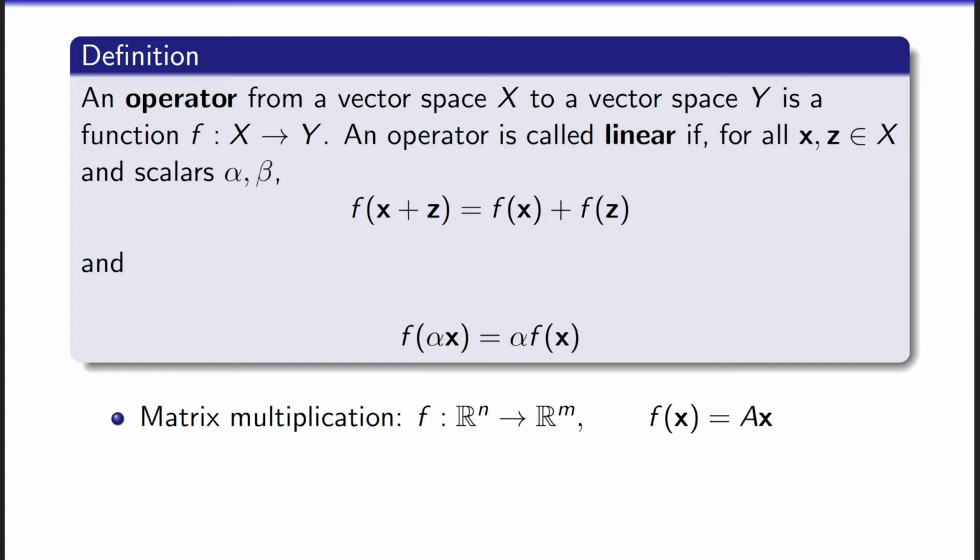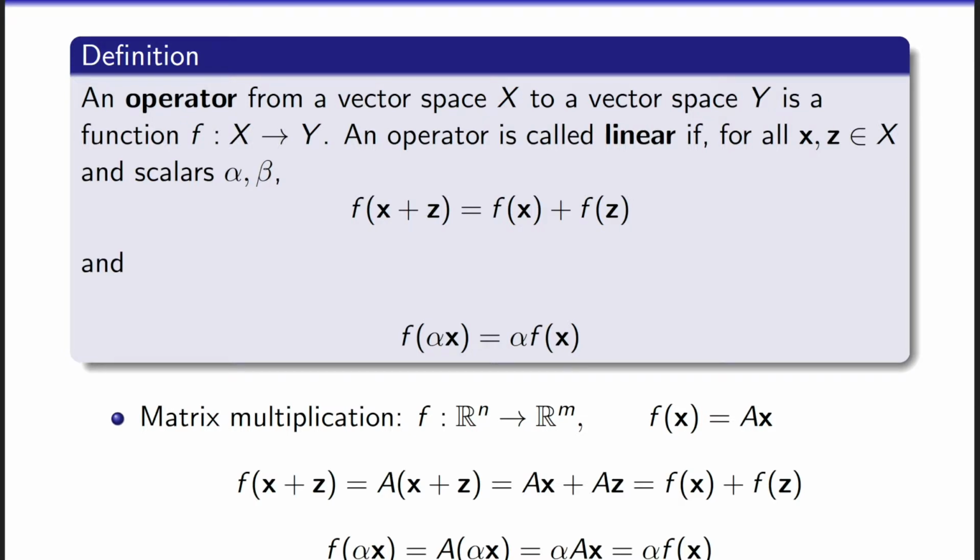This is a perfect example of a vector space operator. And also, by the basic properties of matrix multiplication, we know that this operator is going to be linear. A times (x plus z) is A times x plus A times z. Also, A times alpha x is the same thing as alpha times Ax.